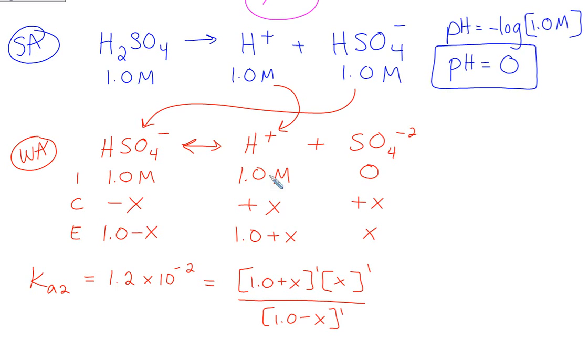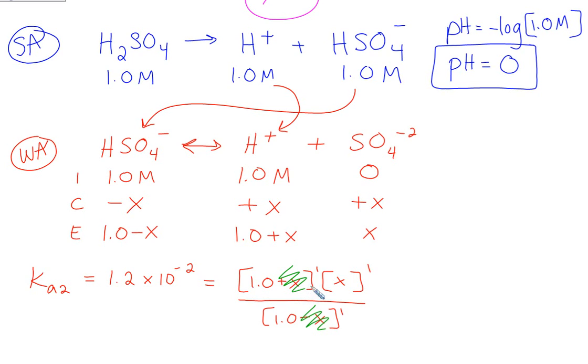Now that K value is small. I don't feel like solving this with the quadratic equation. So again, let's try the 5% rule, but let's really simplify this. Let's just get after it. Whatever X is, it's going to be small. The K value is small. So are we shifting forward? Yeah, but not by much.